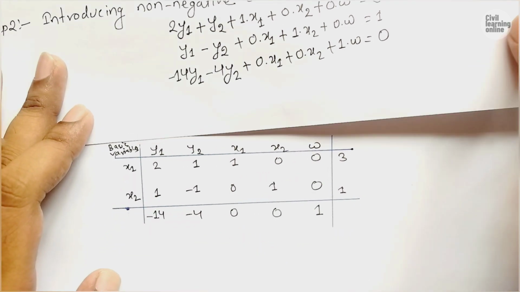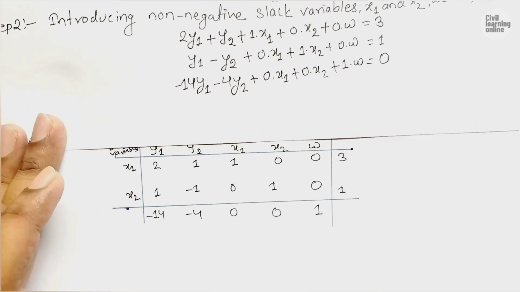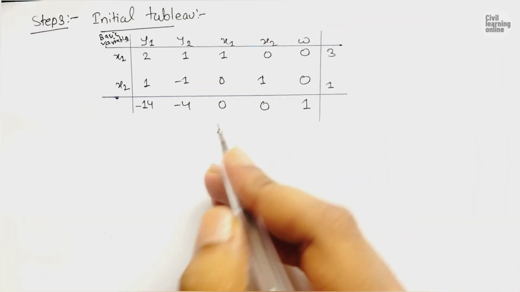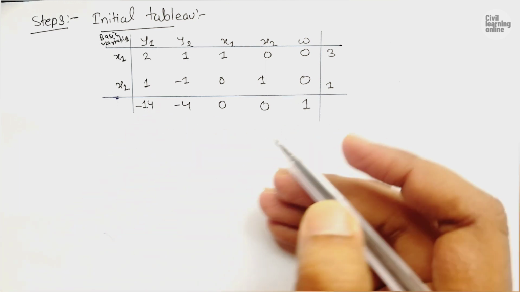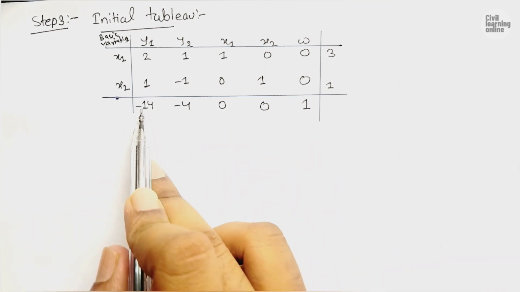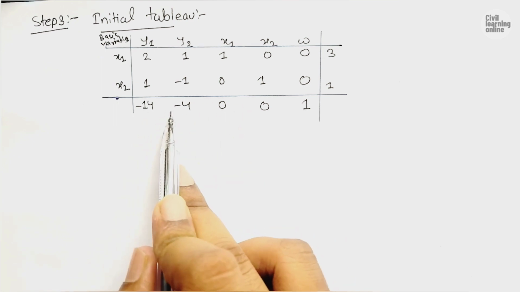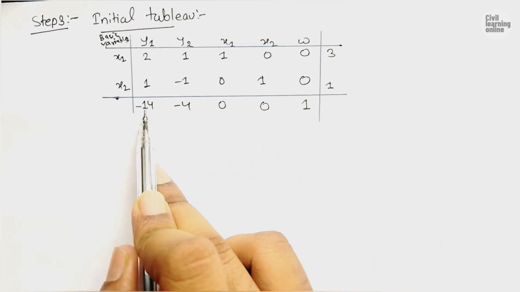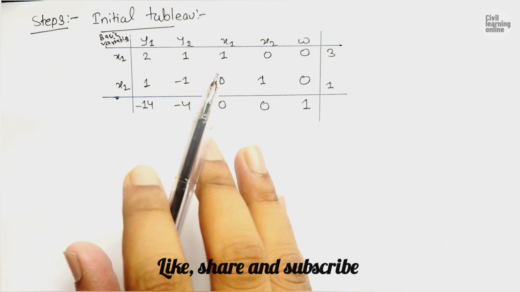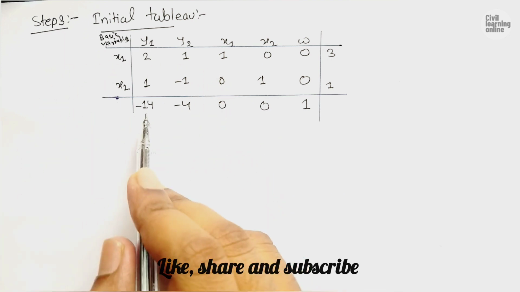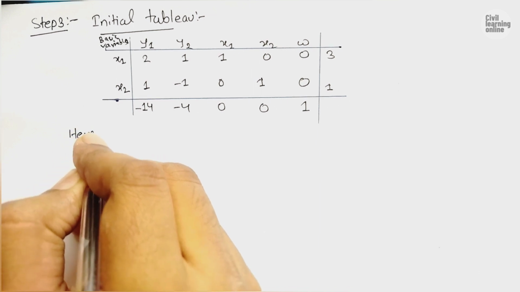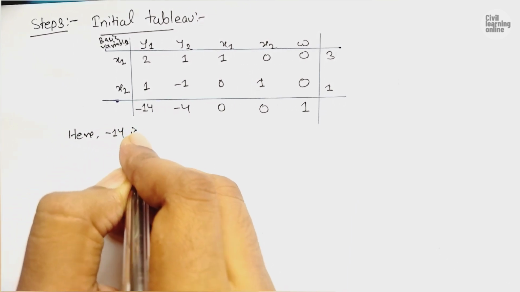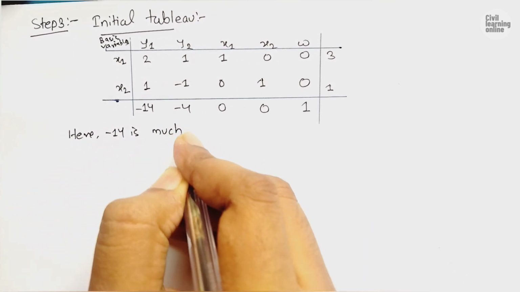Now after writing this, see here, after this we have to look for the pivotal column and pivotal element. So here you can see that the element lying below this line, the most negative among these, is minus 14. The highest number carrying the negative sign is minus 14, so minus 14 is much more negative.